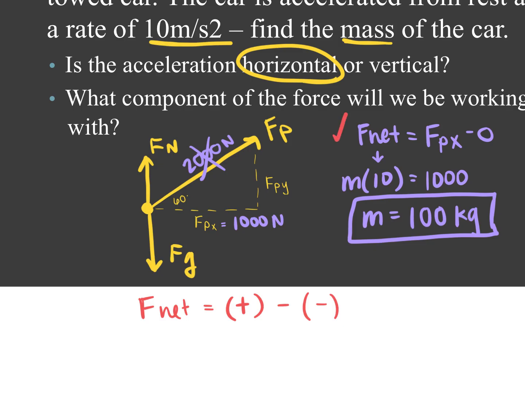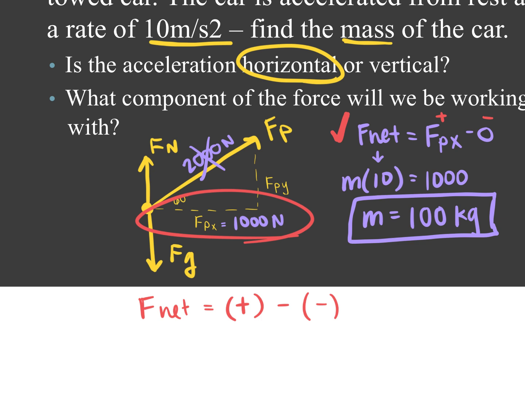I call this the net force equation, and that just puts anything that's going in the positive direction, which this one was, minus anything that's going in the negative direction, which there wasn't anything there. So that's why I put the minus 0. You don't have to write the minus 0 necessarily, but it helps you think about it. This is going to be what we do for vertical systems too.